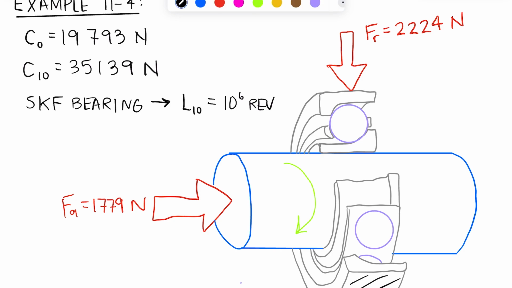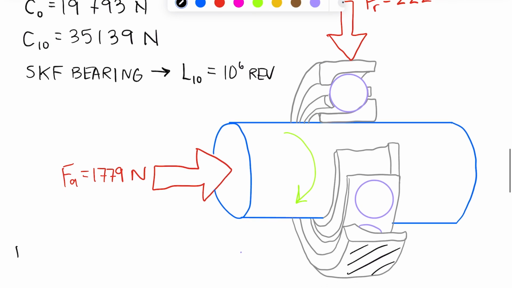And lastly, this question asks us to find the L10 life of this bearing at 720 RPM. In other words, this question wants us to find the number of hours that this particular bearing can operate at 720 RPM.